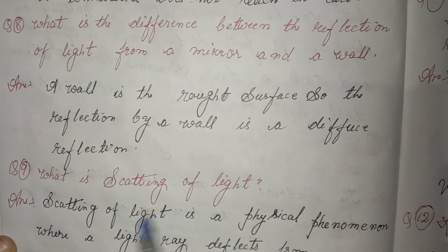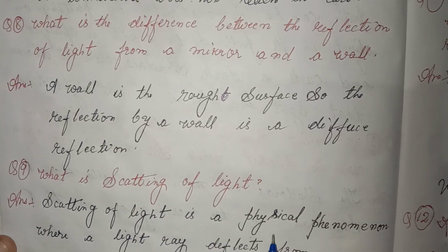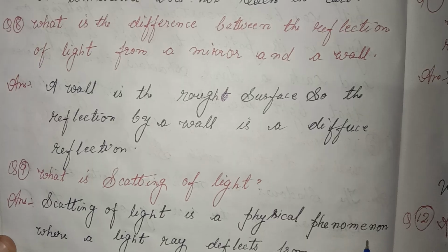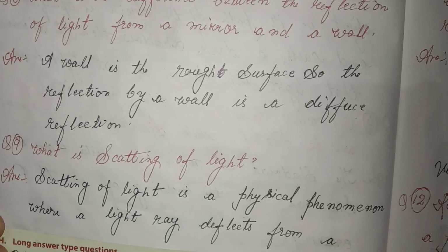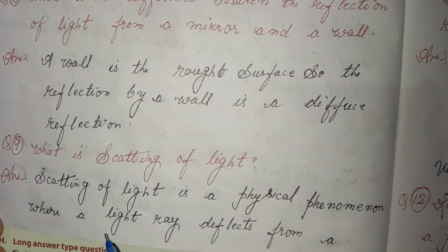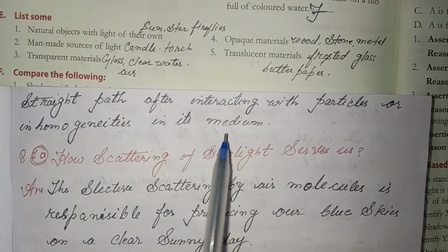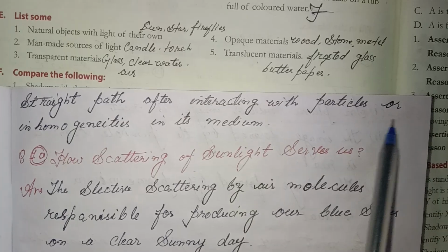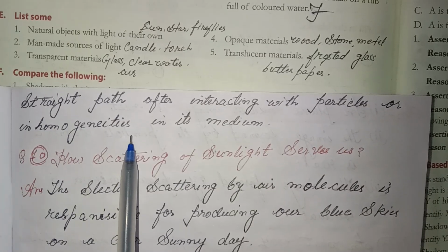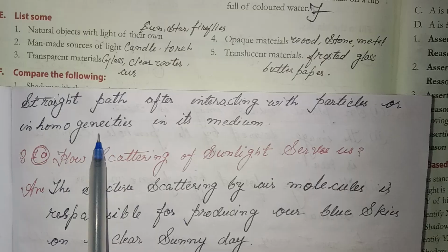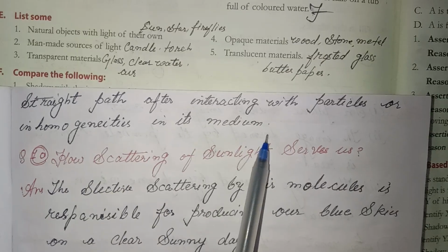Ninth, what is scattering of light? Answer, scattering of light is a physical phenomenon where a light ray deflects from a straight path after interacting with particles or inhomogeneities in its medium.